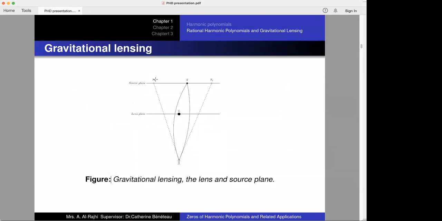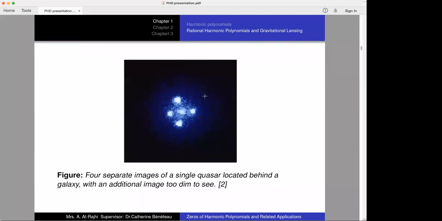The equation which connects the position of a light source, the lens, and the mass distribution of a gravitational lens, such as a galaxy, to the number of images that we will have is called the lens equation. As you see in this picture, sometimes we have bright images or dim images which we can notice.